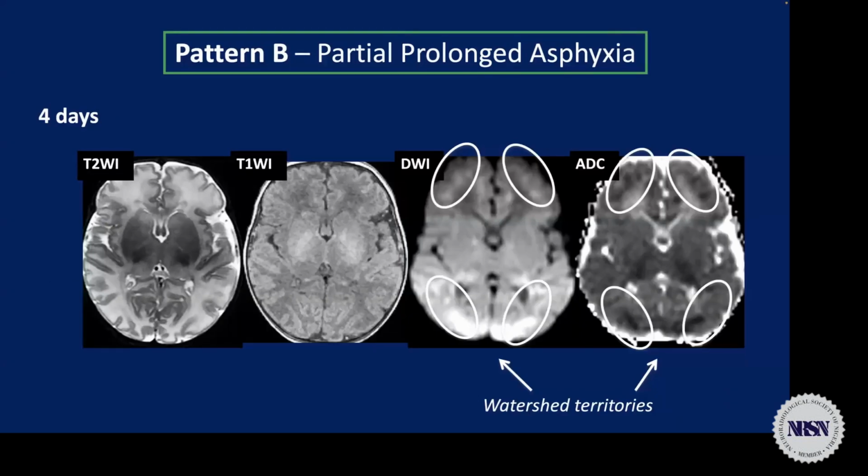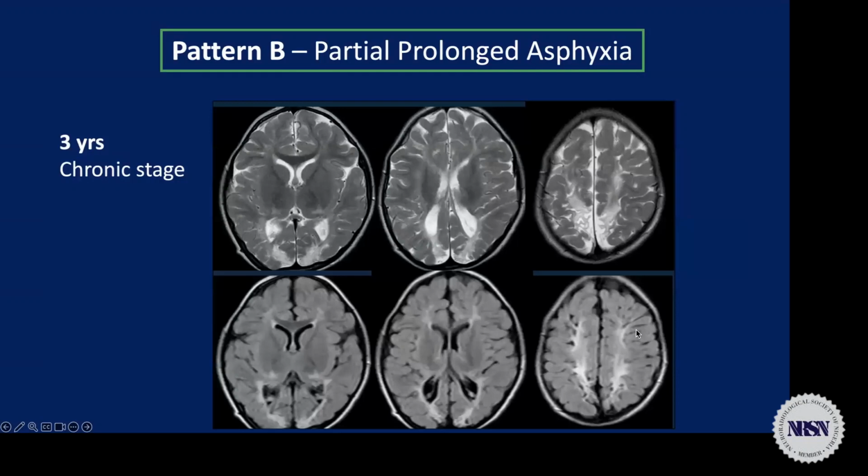In this second pattern, on the contrary, the so-called partial prolonged asphyxia model, you can see here in the acute phase on diffusion weighted images how the watershed territories are involved.